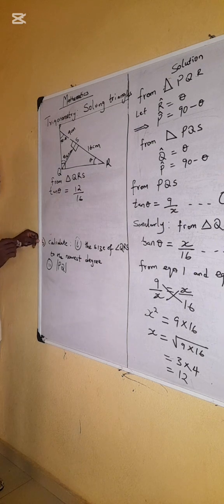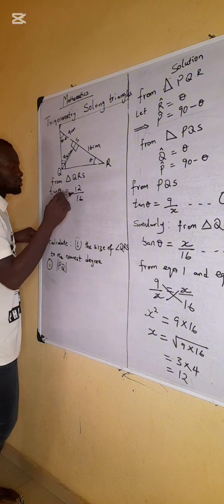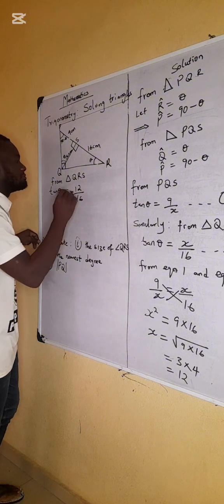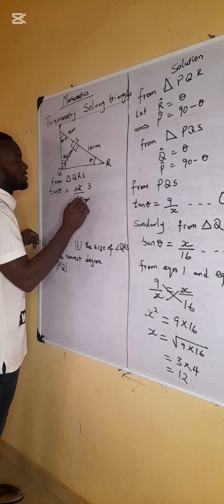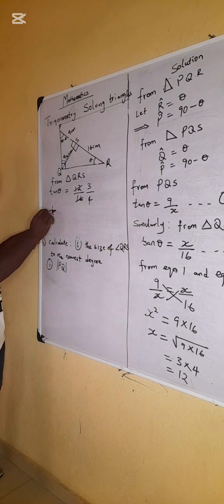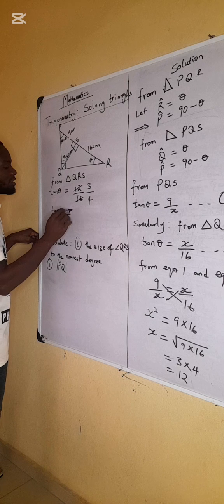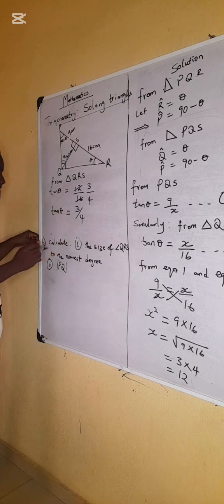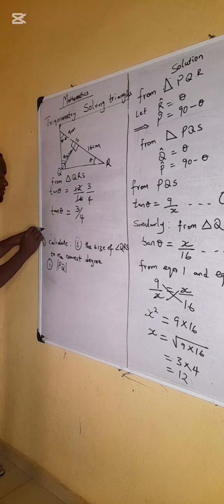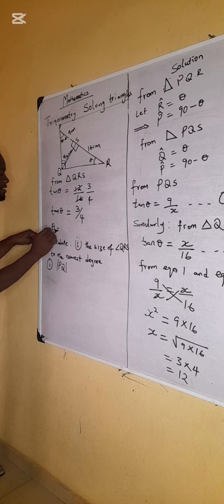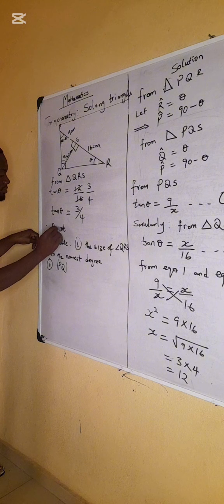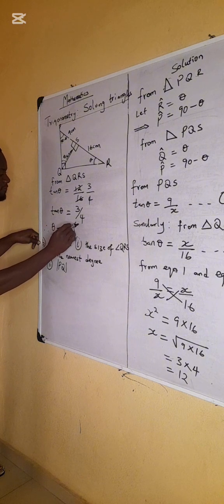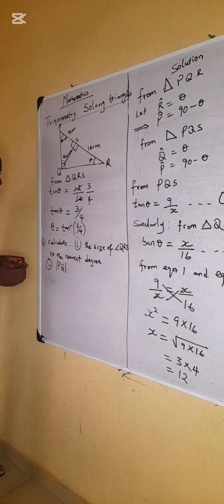Reducing 12 over 16 to the lowest term, we get 3 over 4. So tan theta is equal to 3 over 4. To get theta, we take the tan inverse of both sides. Therefore, theta is equal to the tan inverse of 3 over 4.